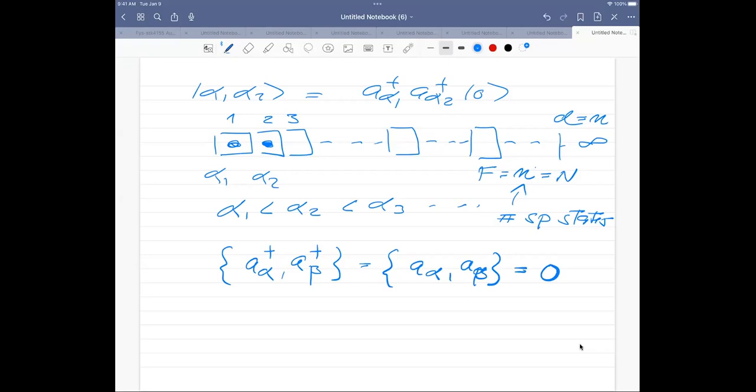And this operator here, a alpha, with a dagger or not, meaning the Hermitian conjugate, is the same as a alpha a beta plus a beta a alpha.